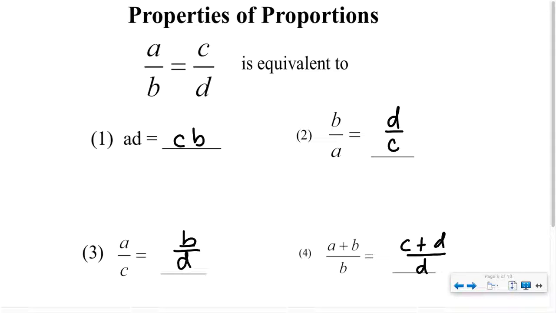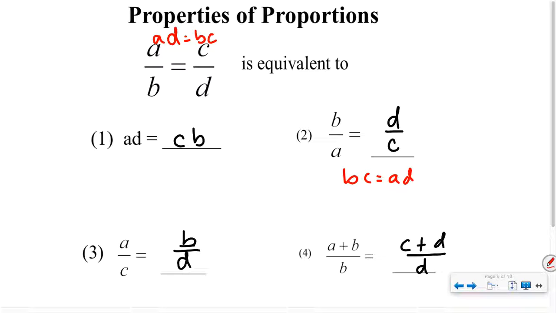You'll have questions that'll be multiple choice and it'll say which one is not the equivalent form. To check that, you use your cross product property. When I cross multiply my original one, I would get AD equals BC. Well, isn't that what number one says? AD equals BC. When I cross multiply number two, I'd say BC equals AD.